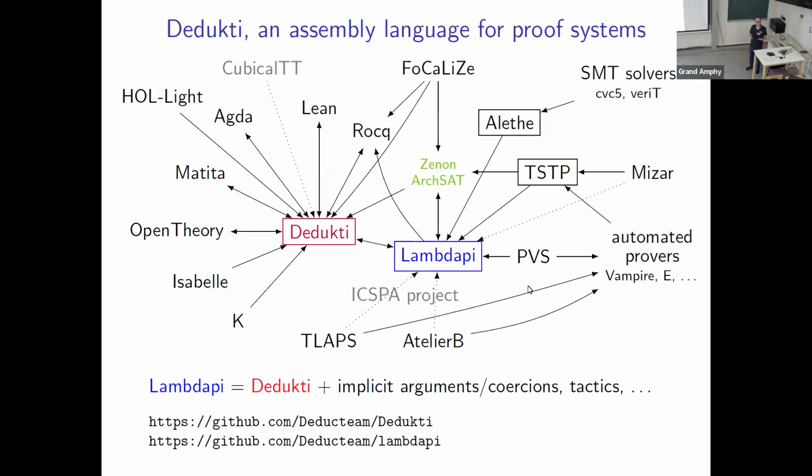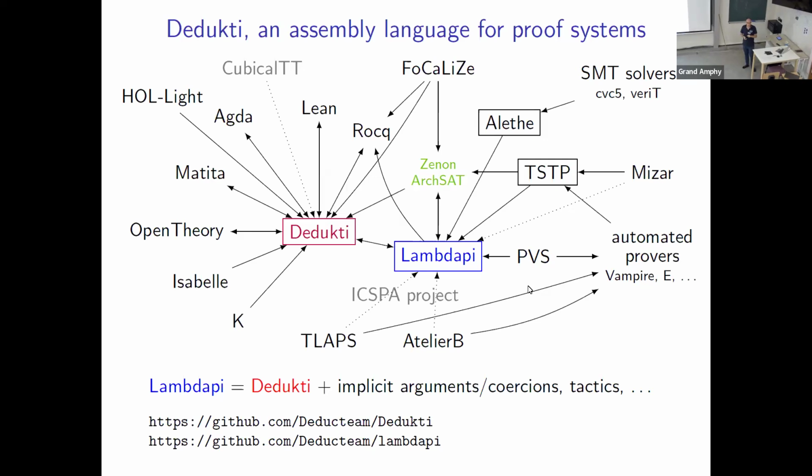It's just a type checker. What do you have in a Dedukti file? It's a signature: you declare a number of constants and rewrite rules, and then you may have a bunch of terms whose type you want to check. And that's it.